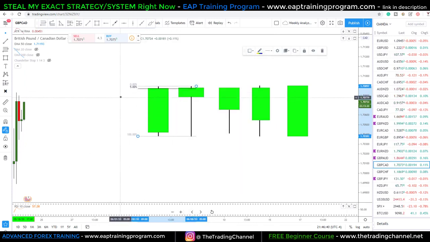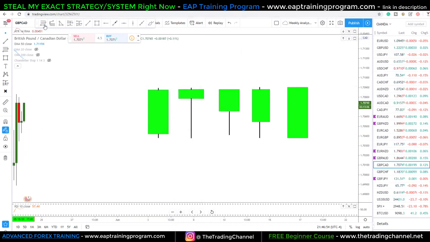And now all you have to ask yourself is, you pull a retracement from the low of the candle to the high of the candle, did the body of the candle close above the top 5% of the candle? And if the answer is yes, then you have a correct candlestick formation. And as you can tell, each of these do that. So that's one way to spot this candlestick pattern.